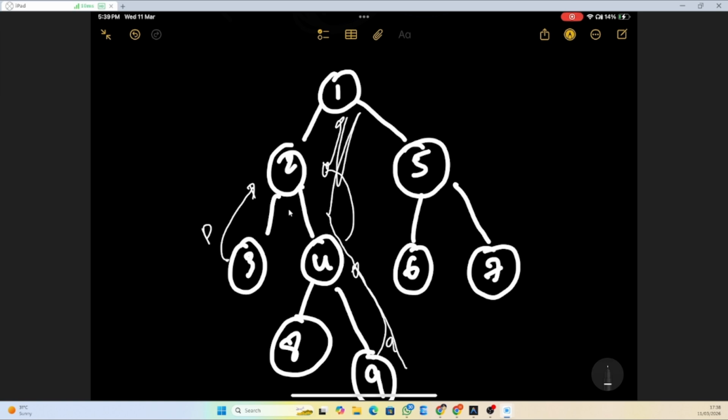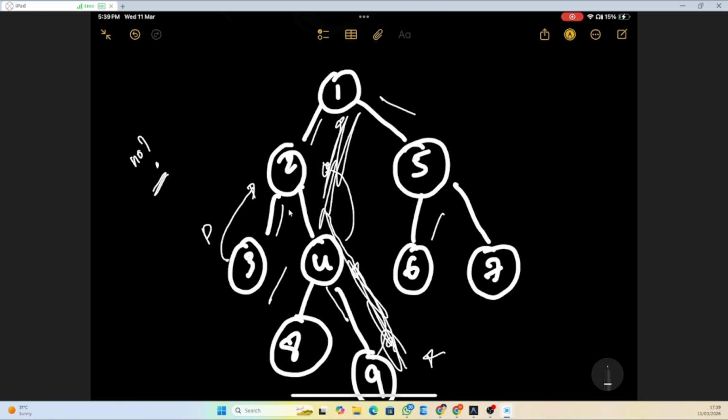Can you record these items? Is there any particular traversal? No, there is no particular traversal, because you don't know where it is present. So you need to check everywhere.